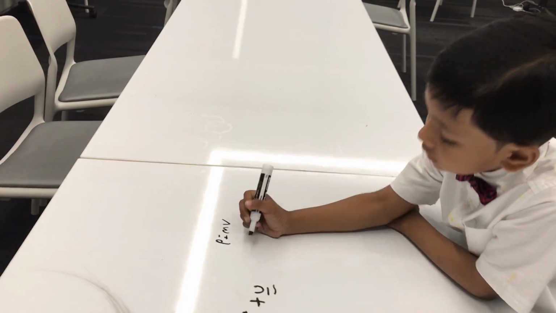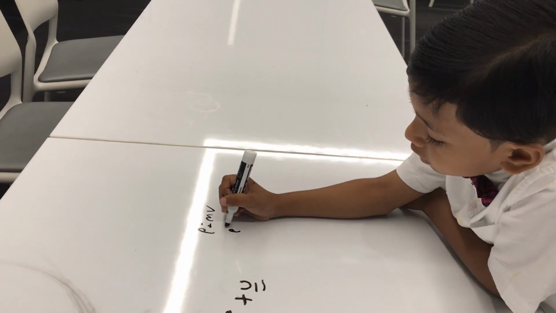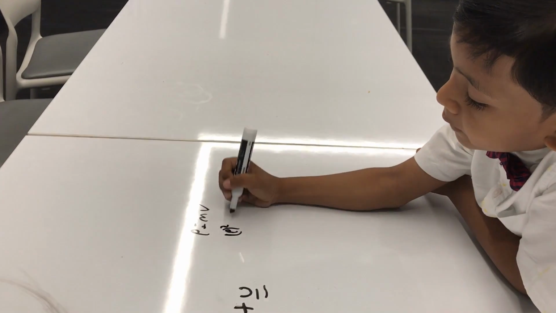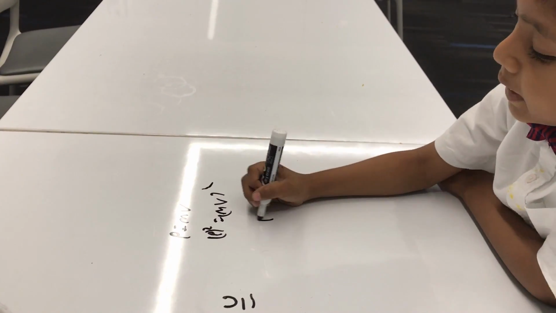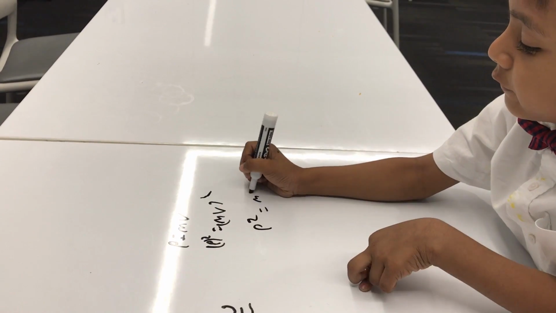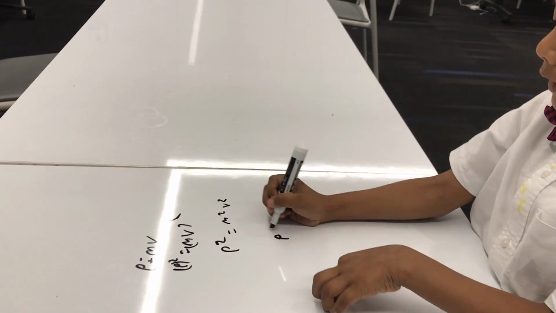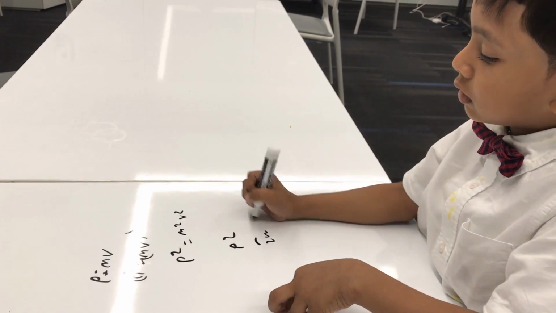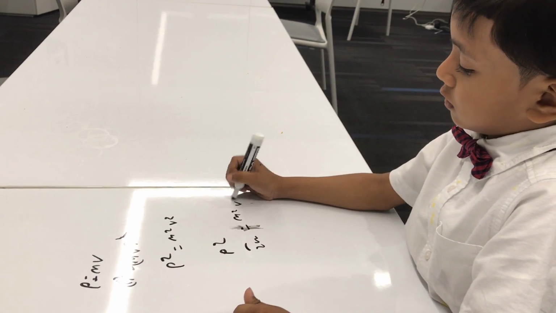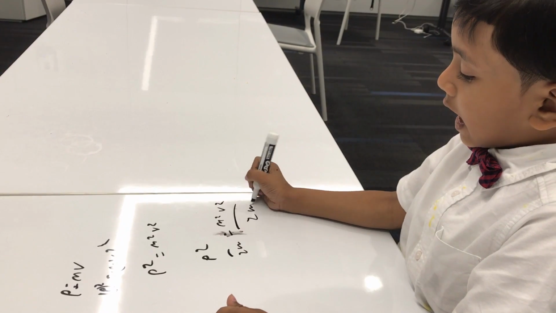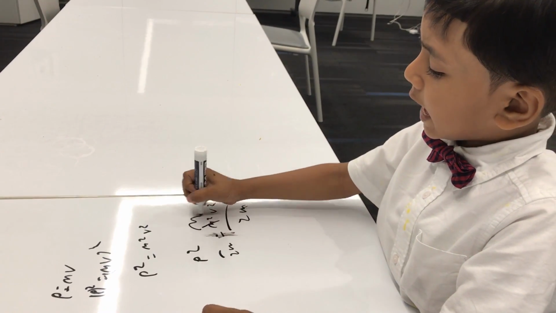But let's take a bit of a walk here. Let's square both sides. P squared is m squared v squared. Now divide both sides by 2m. M goes into m squared m times.